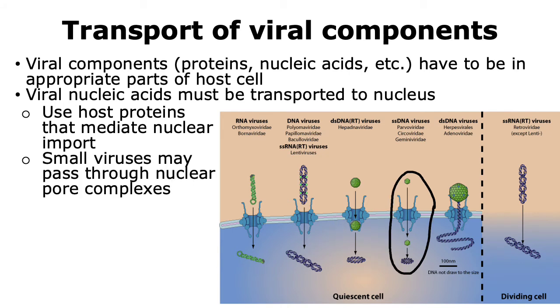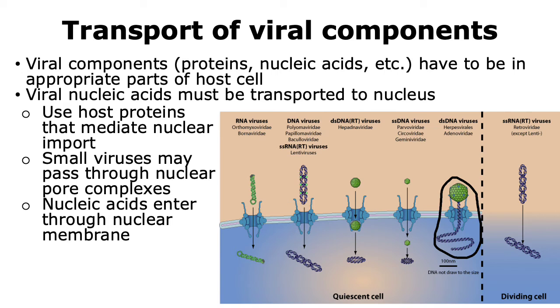Another mechanism employed is where the viral particle is small enough that it can directly pass through the nuclear pore complexes and thereby enter the nucleus. Once in the nucleus, the virus can undergo the uncoating process and thereby have the viral nucleic acid directly present in the nucleus of the host cell.